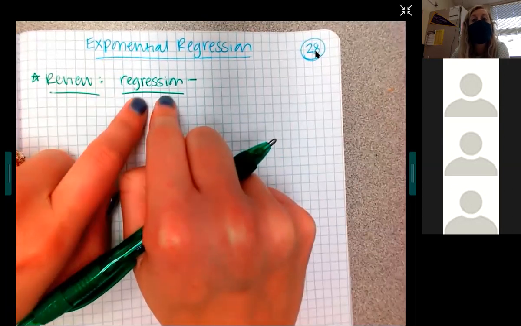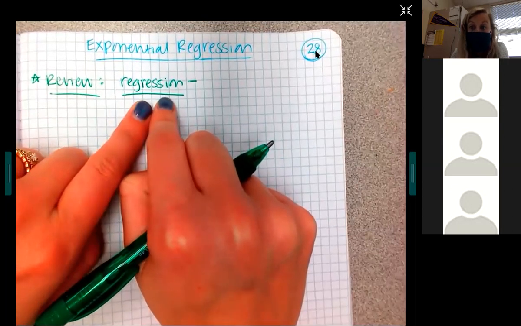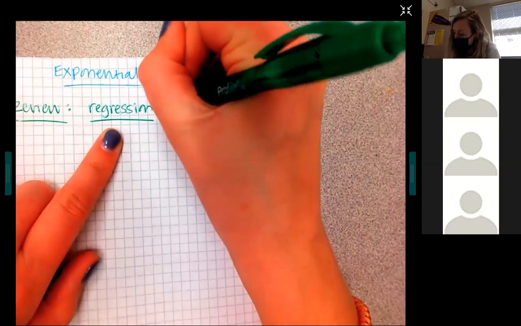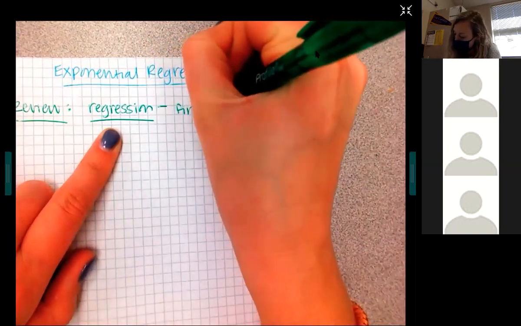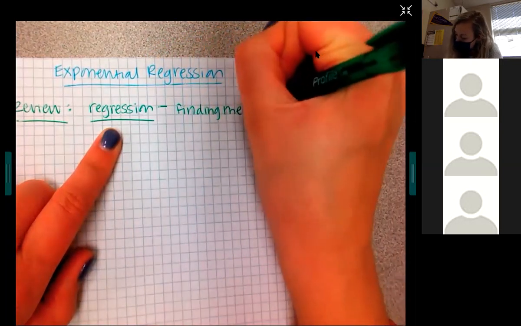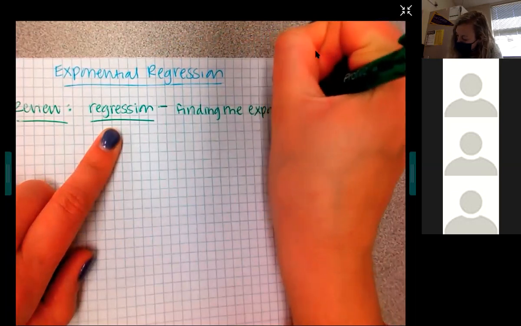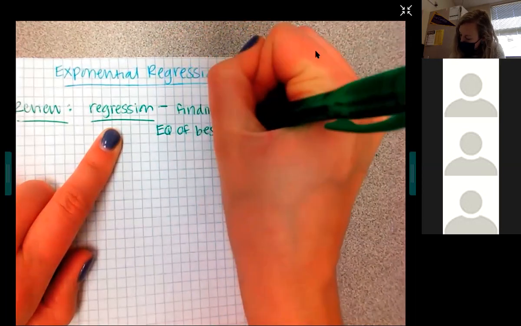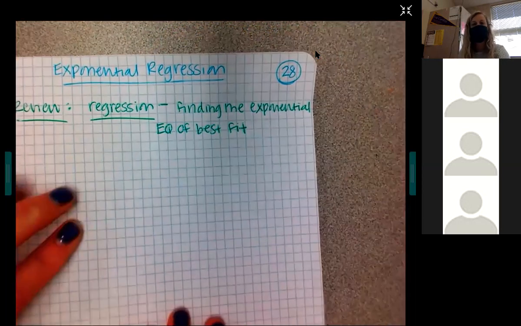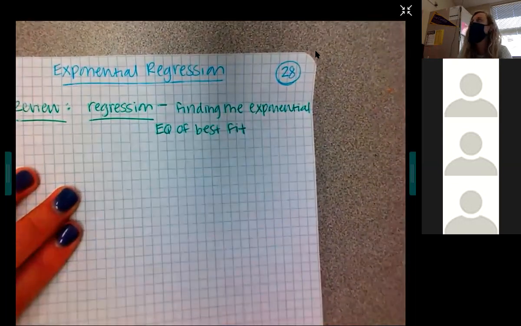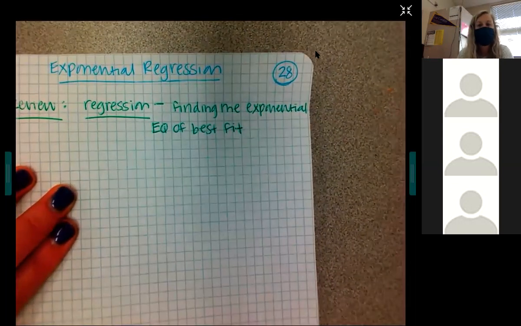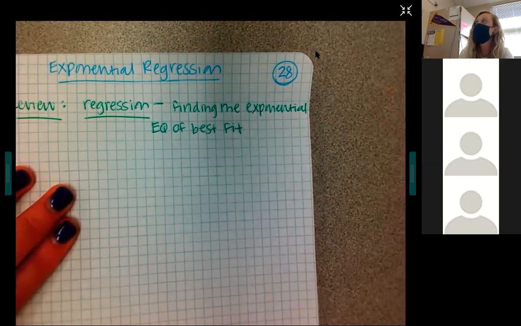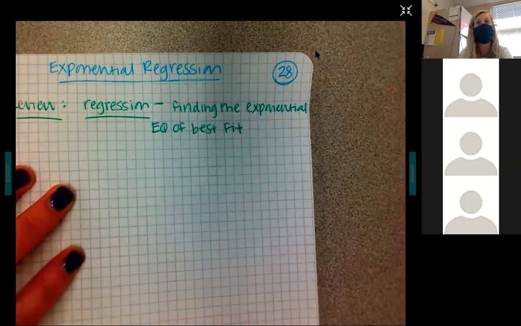So this is going to be finding the exponential function of best fit. So finding the exponential equation of best fit.